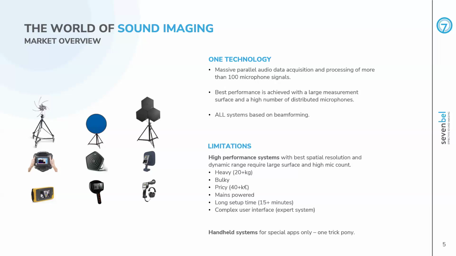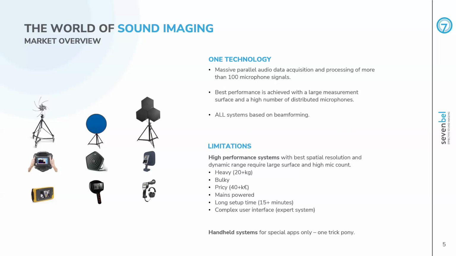It's a bit more complex than that, but all the systems work on beamforming, which are variations on this concept. There are two performance factors that you need to understand when evaluating acoustic cameras. The first one is the size of the instrument. Larger microphone arrays will perform better in lower frequencies.